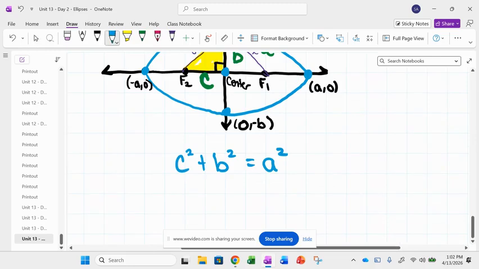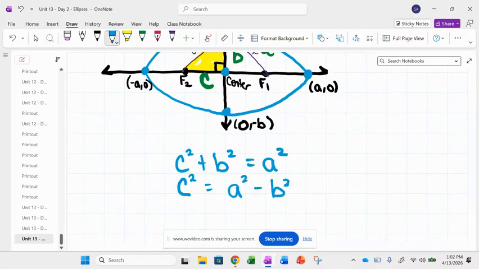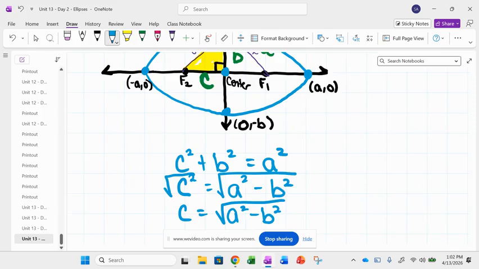Now I want to solve for c, so c squared is equal to a squared minus b squared. And now to undo a square, we take the square root. So c is technically equal to plus or minus. But why am I not including the negative? Lucas. Good. It's a distance, and distance can't be negative. So c will equal the square root of a squared minus b squared.